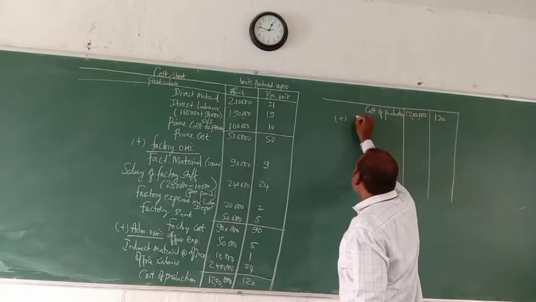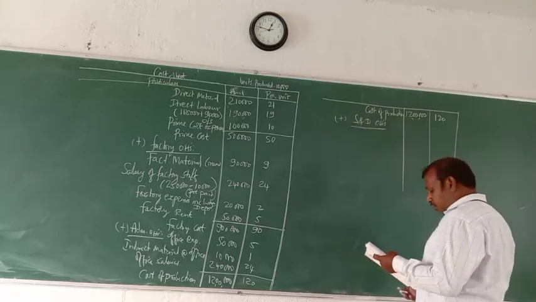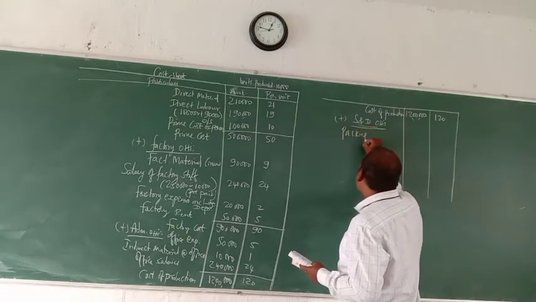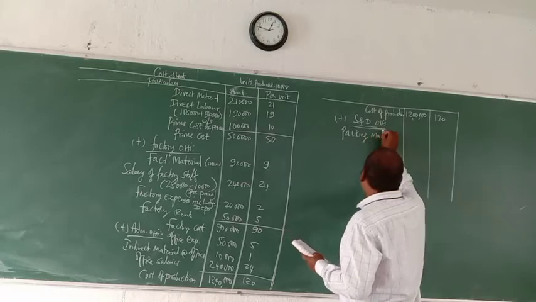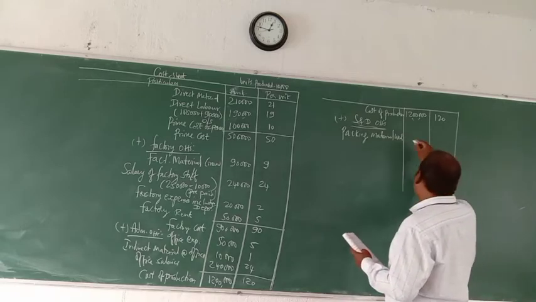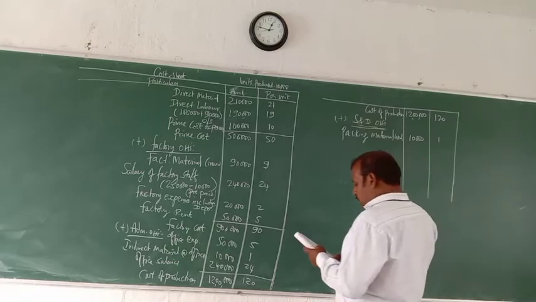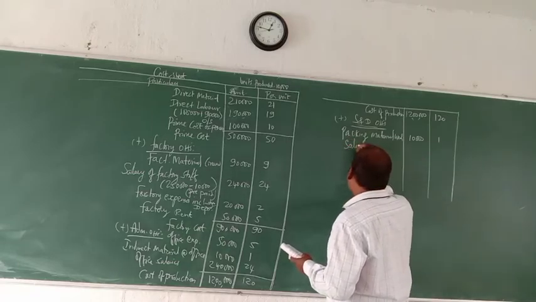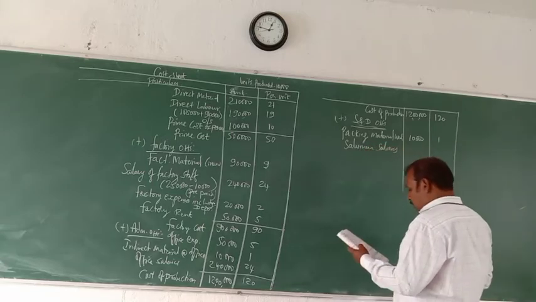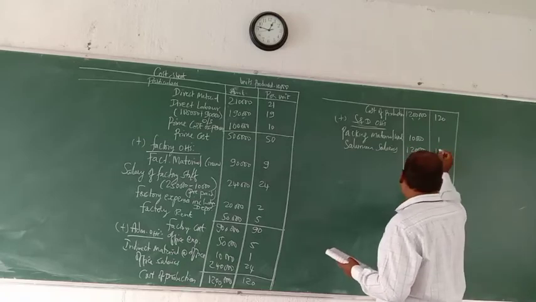With this, add selling and distribution overheads. Which are the selling and distribution overheads given? Packing material used, 10,000 divided by 10,000 we get 1. Salesman salary, 1,20,000 divided by 10,000 we get 12.